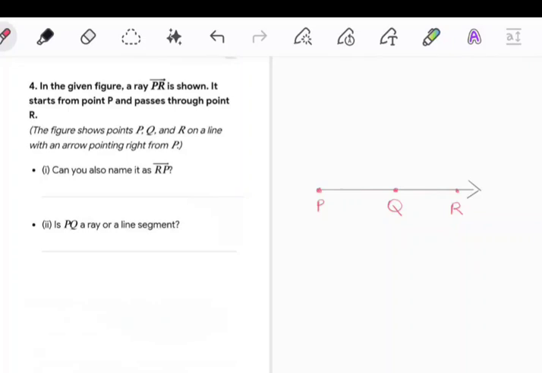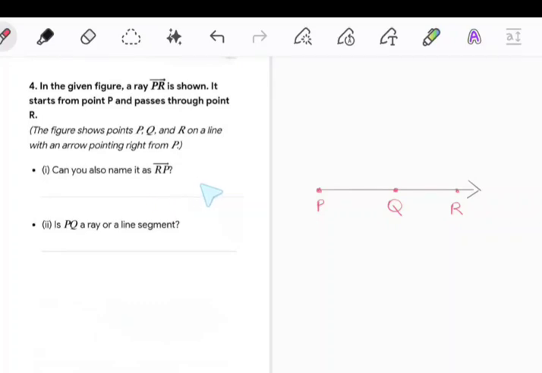Question number 4. In the given figure, ray PR is shown. It starts from the point P and passes through the point R. The figure shows points P, Q, and R on a line with an arrow pointing right from P. The first question: can you also name it as RP?